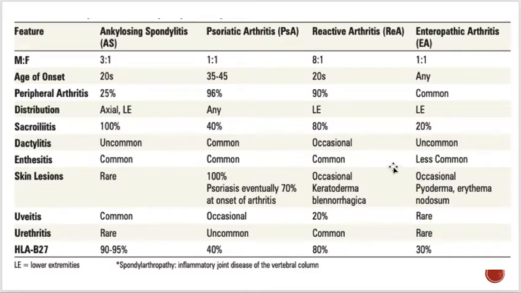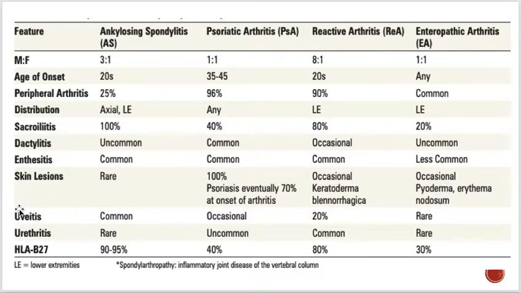Enteropathic gives it less commonly. Now, skin lesions in ankylosing are rare. In psoriatic, 100%, because it is psoriatic arthritis, so it comes with psoriasis. Okay, so 100% of the times. And reactive arthritis gives occasional keratoderma blenorrhagica, and this one can give multiple things like erythema nodosum or pyoderma.